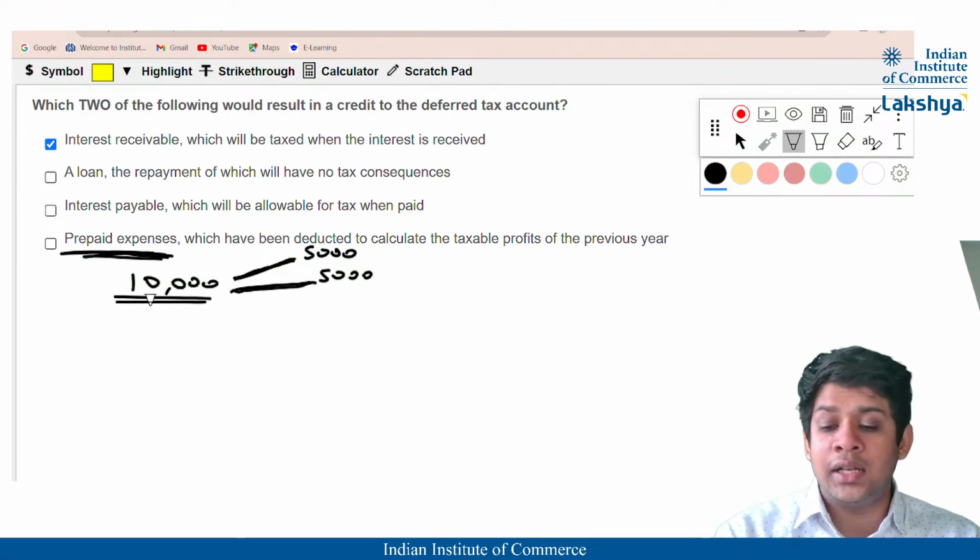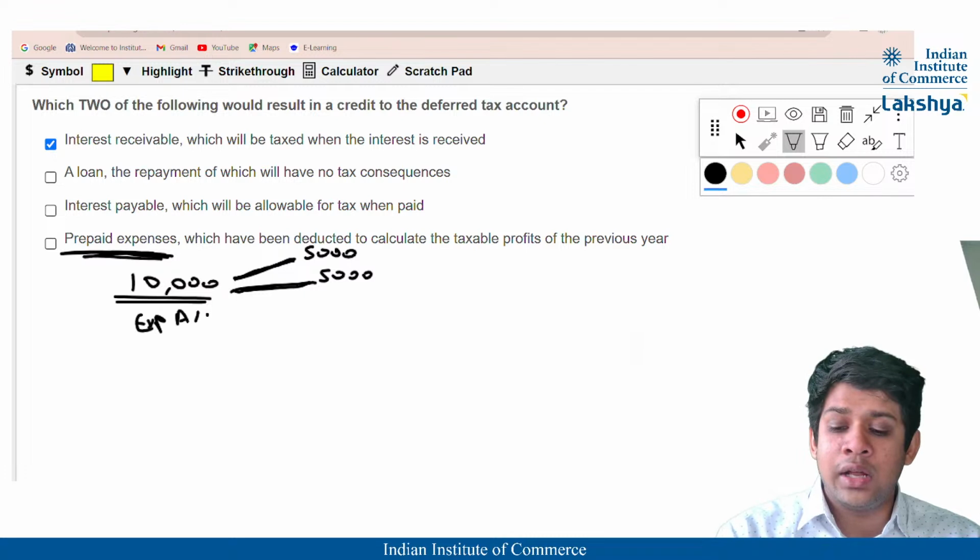So what is the journal entry that I will pass? The journal entry that I will pass is going to be expense account debit 5,000 because I'm paying him his salary. So that is an expense to me. Asset account debit for the prepaid expenses.